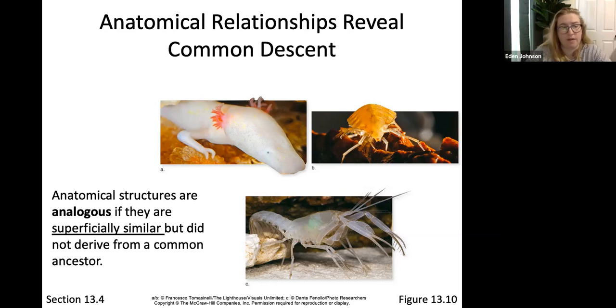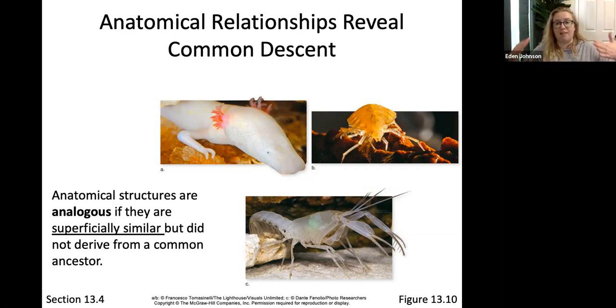Anatomical structures are analogous if they're superficially similar, but did not derive from a common ancestor. So for instance, this shrimp and this tick, I think it's a water tick or something, a water bear, I don't know. They do not share this common ancestor, okay? They did not get their traits from this common ancestor.